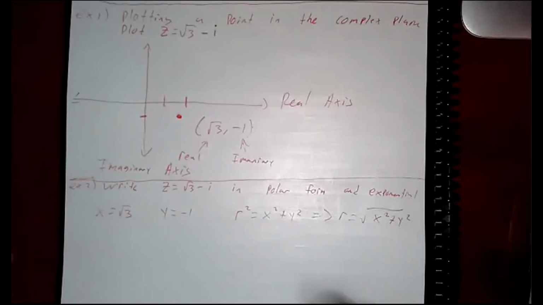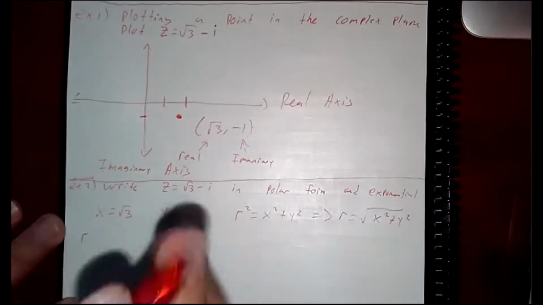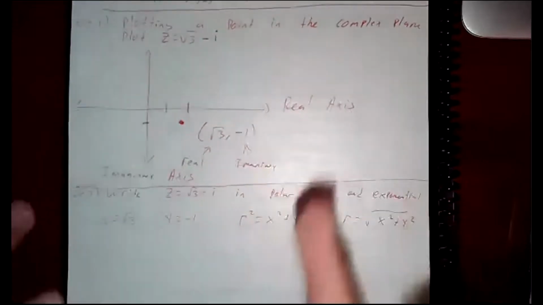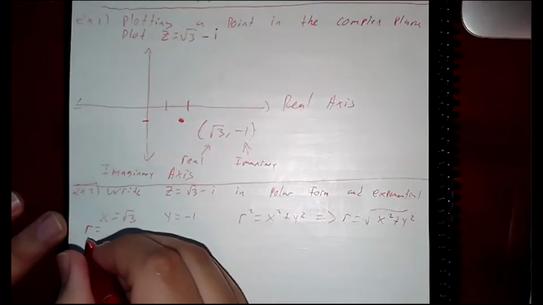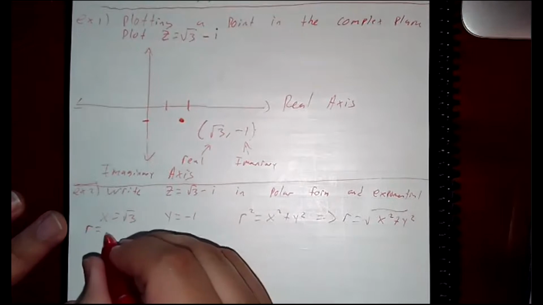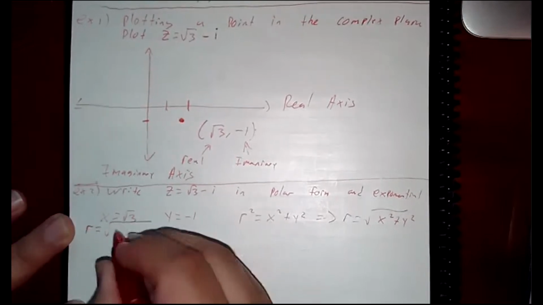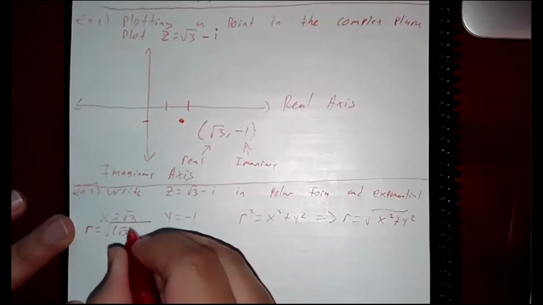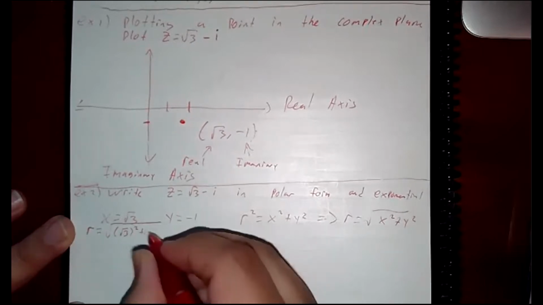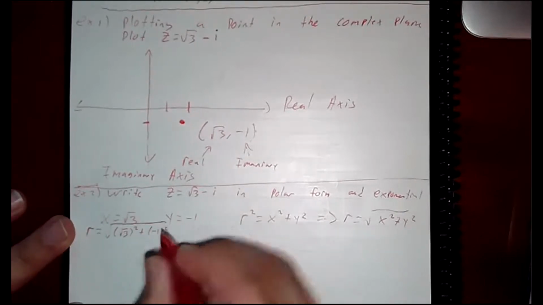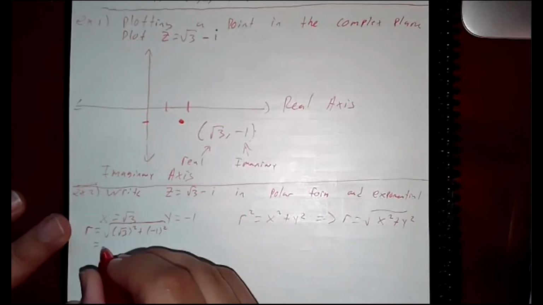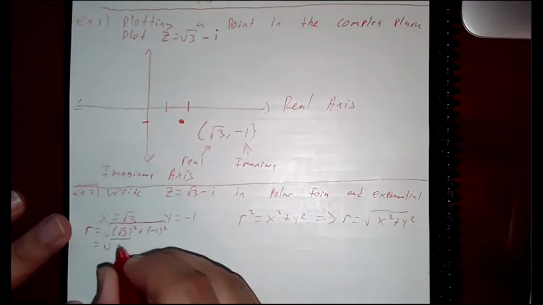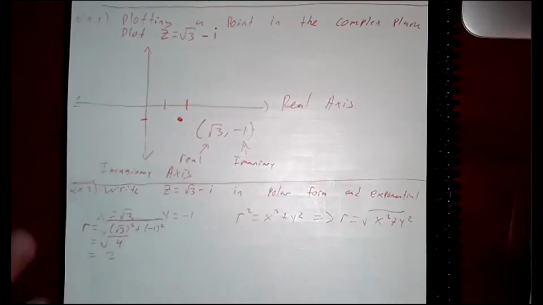So r would be equal to the square root of square root 3 squared plus negative 1 squared, which will be square root of 4, right? So there's r.